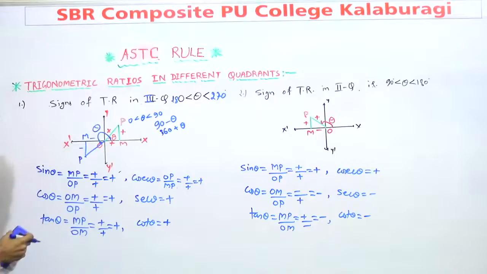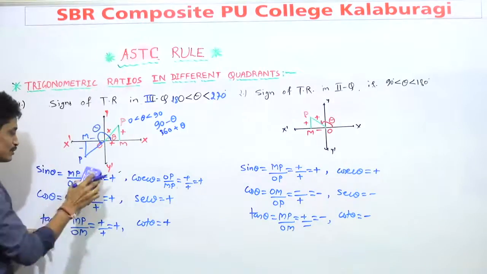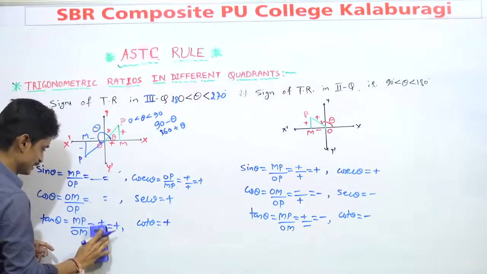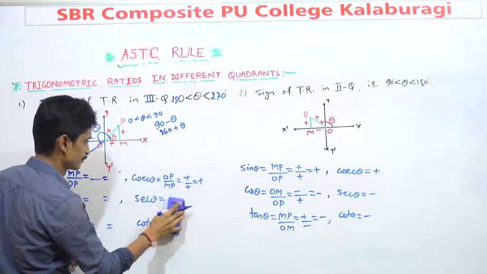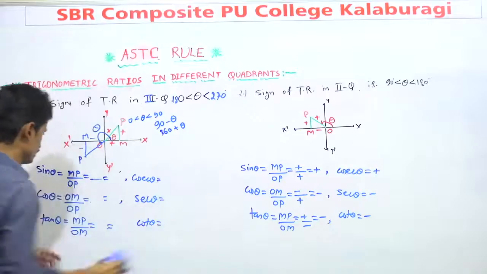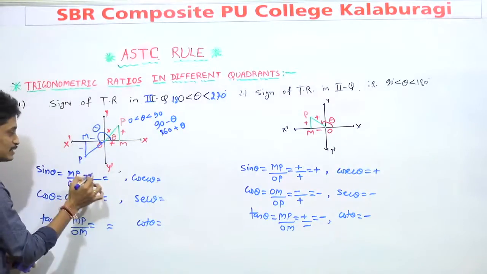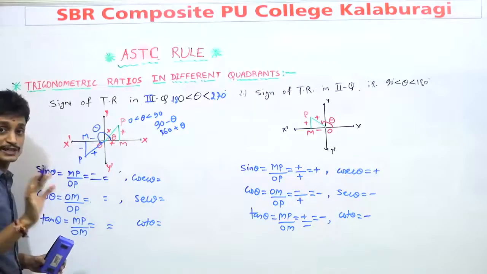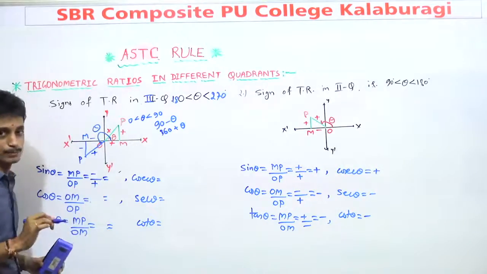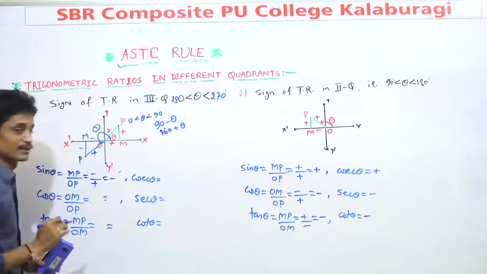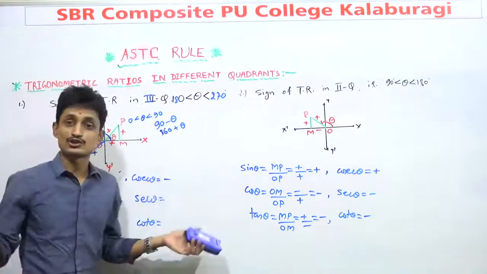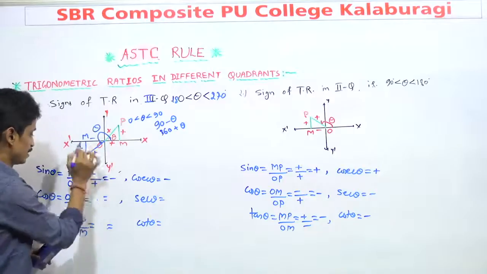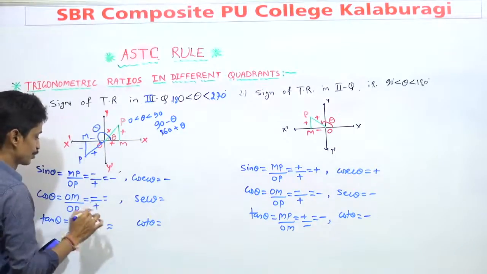Let us define these ratios as usual, starting with MP by OP. MP is in the negative direction, and OP is a distance, and a distance is always a positive quantity.